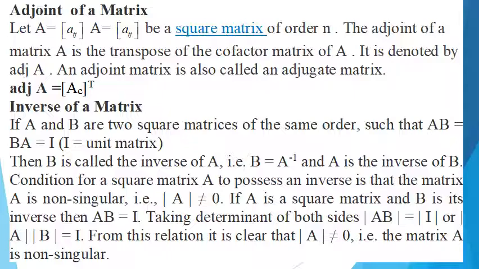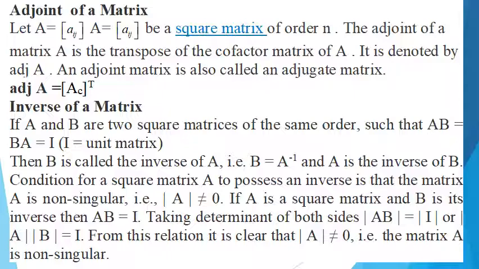The condition for the square matrix A to possess an inverse is that the matrix is non-singular. That's what I told you before itself. Only when a matrix is non-singular, where the determinant is not equal to 0, can we find an inverse matrix for it. This condition applies only to square matrices.